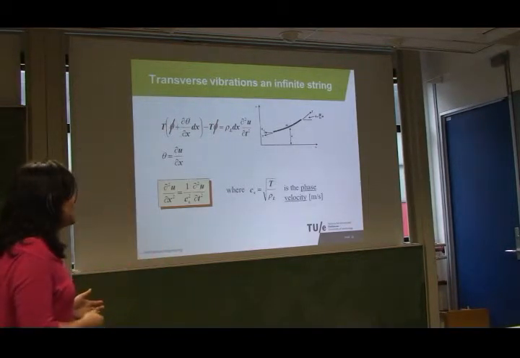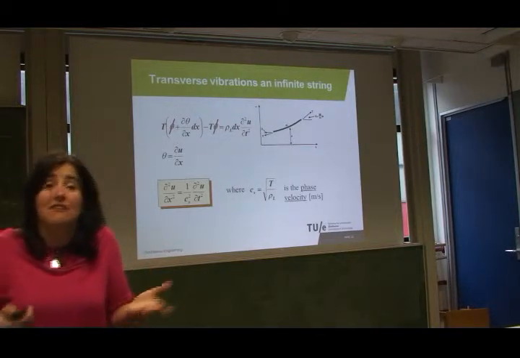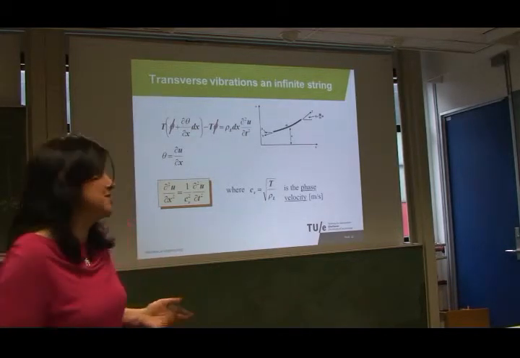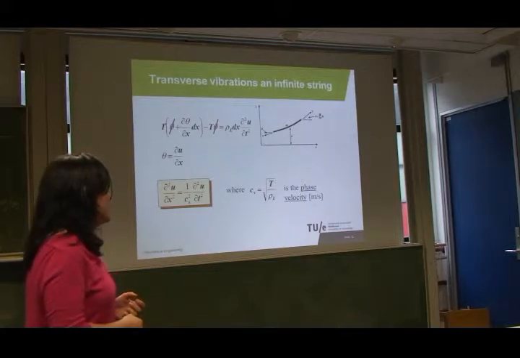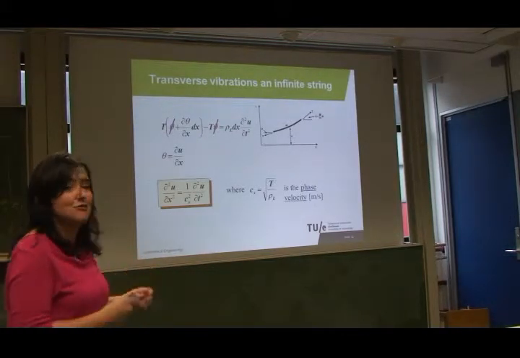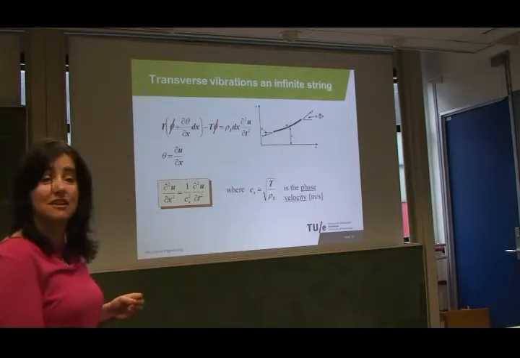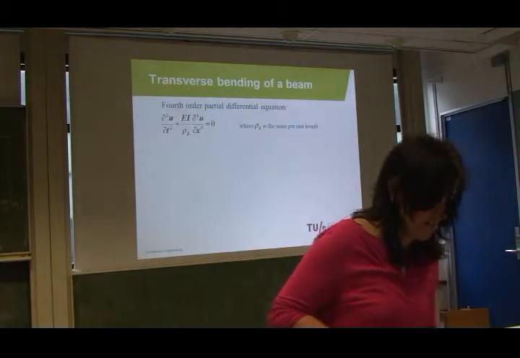And the wave speed is a constant wave speed, so it has a certain value which depends on the tension in the string and on the density. But the main point here is that for a string, when it's bending, the wave speed is constant. That's the main point. This is what you need to remember.